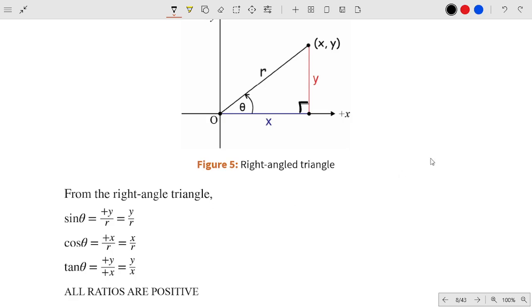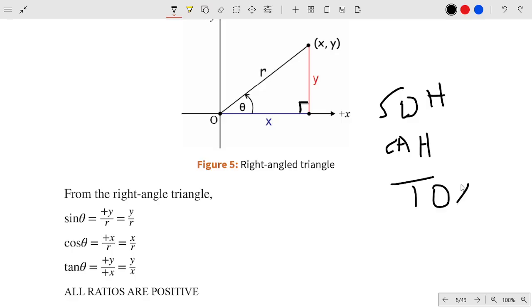Now when we go for cos, let's use SOHCAHTOA. This will help us to easily record the ratios. Now, this is sine, opposite on hypotenuse. This is cos, adjacent on hypotenuse.